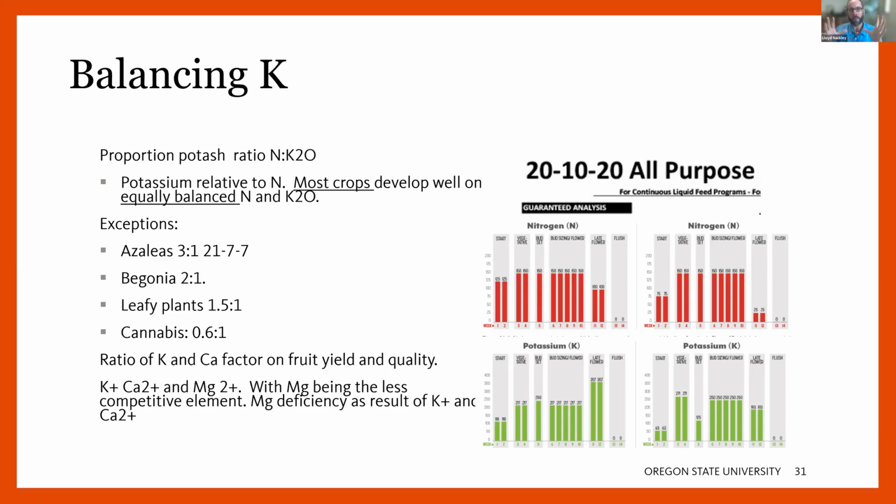So again, Mulder's chart, that concept that in solution there are all these essential elements, but the preference of the plant depends in part on the size of the element and the ease of uptaking that ion. So if you start seeing magnesium deficiency symptoms, it could be a result of potassium and not that there actually isn't enough magnesium in the system.